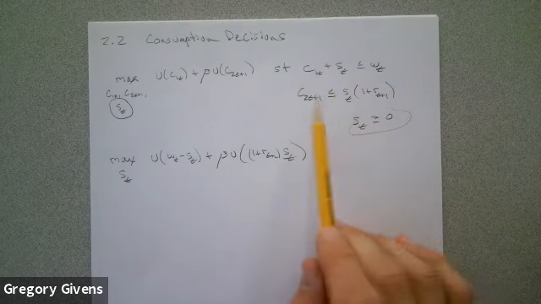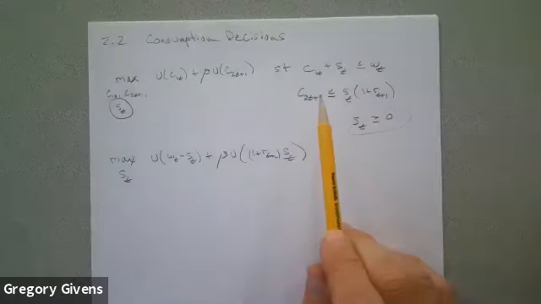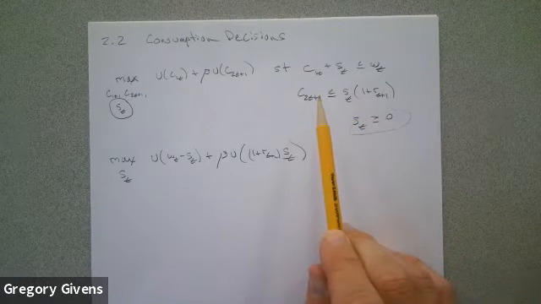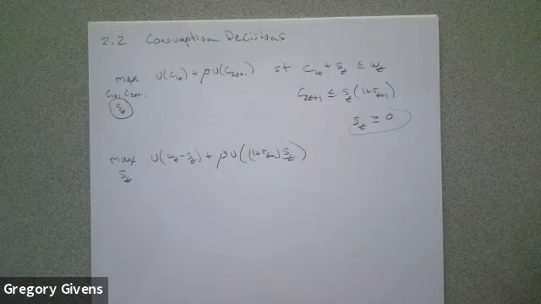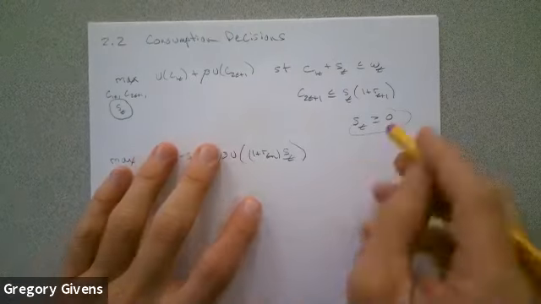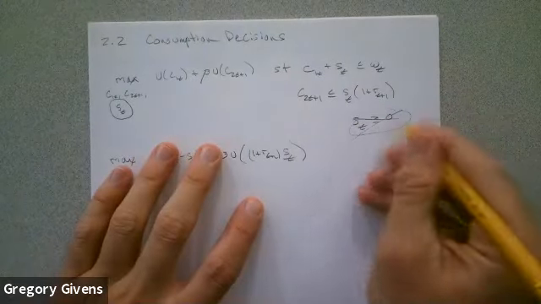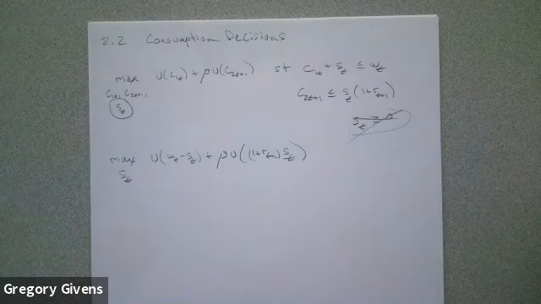Then what does that imply about period 2 consumption? It would have to be negative, right? A negative number times 1 plus r would be negative. And we can't have negative consumption in this model. It violates the assumption about the utility function. So there's no borrowing going on, but we don't actually have to impose this as a constraint on the problem. It's going to turn out that S will be strictly positive.